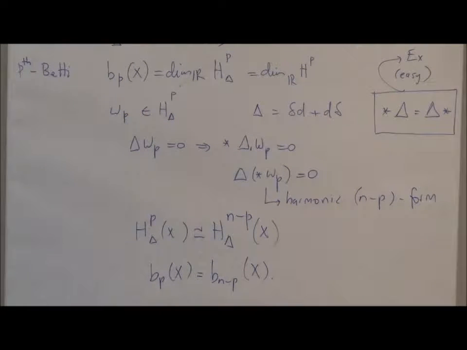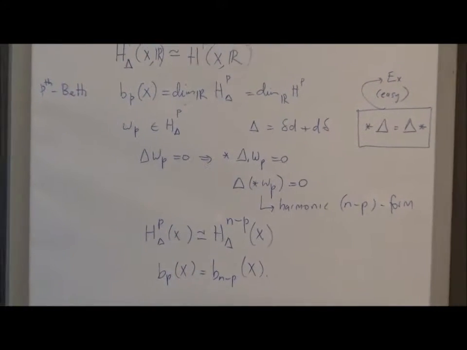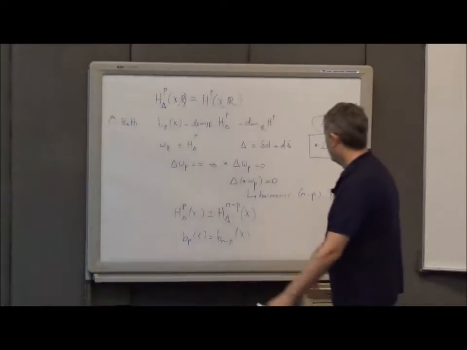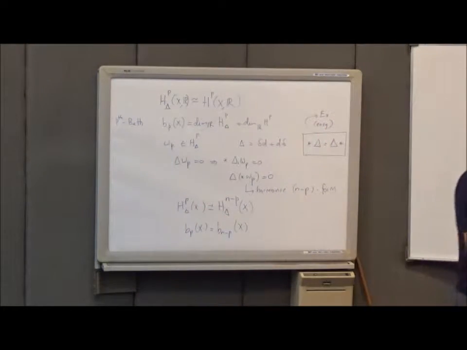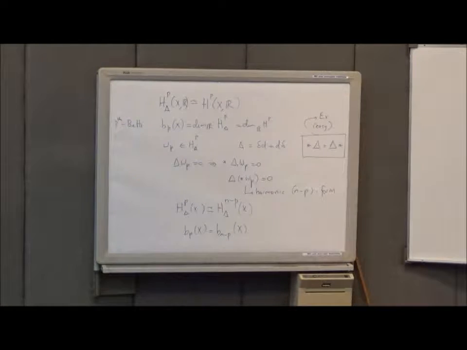So now we have a lot of stuff. We've got Betti numbers that count p-dimensional submanifolds. They count sort of how many independent ones you've got. They count the number of closed forms modulo exact forms.